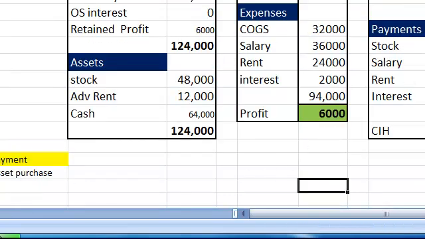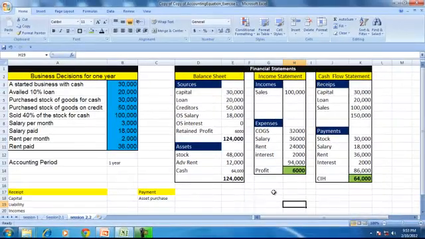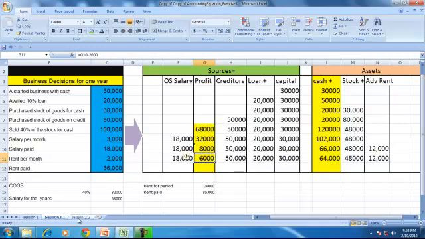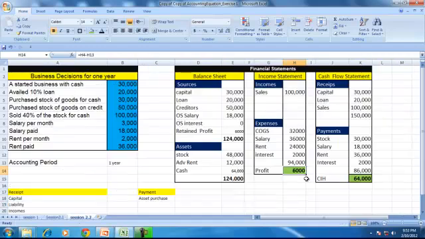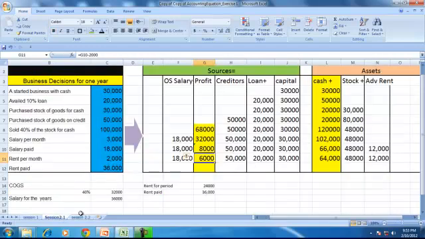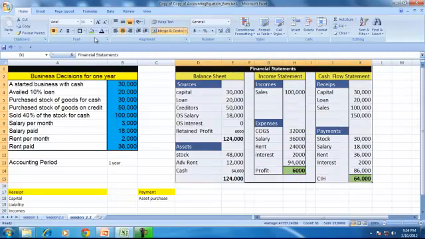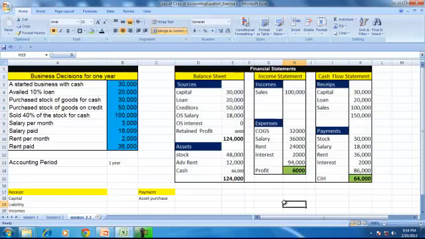But here we can know what the expenses are, why cash changed, how you arrived at profit. Profit is 6,000, you can see it, and the profit is also here, 6,000. But the accounting equation is not clearly showing how you arrived at this 6,000, whereas in the financial statements you can very clearly see the profit determination.